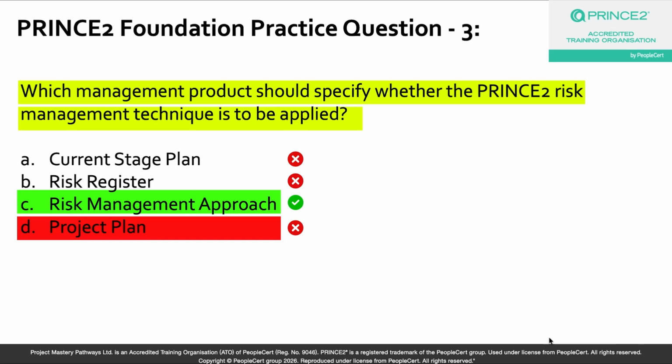Equally, if the project is part of a larger program and the team decides to use a program-wide risk management technique instead of a specific project-wise one, this is where you will also find that tailoring decision in terms of a PRINCE2 project risk management approach. And that is why option C is your correct answer choice.